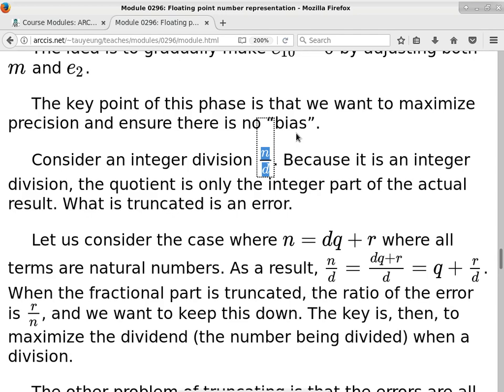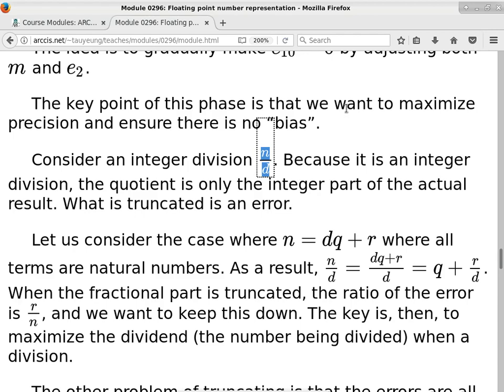But when you perform integer division, when you say n divided by d, and it's an integer division, we are not representing the actual fraction precisely because we are losing the fractional part. Are we doing okay so far with that part? Okay, so integer division is automatically going to take the floor of the division. It's truncating the fractional part. Okay?